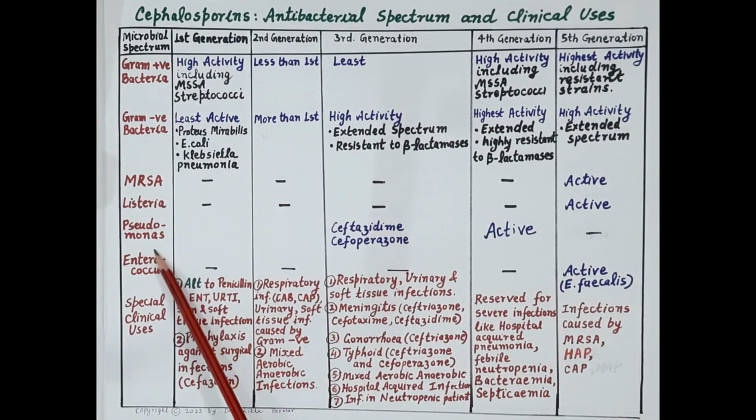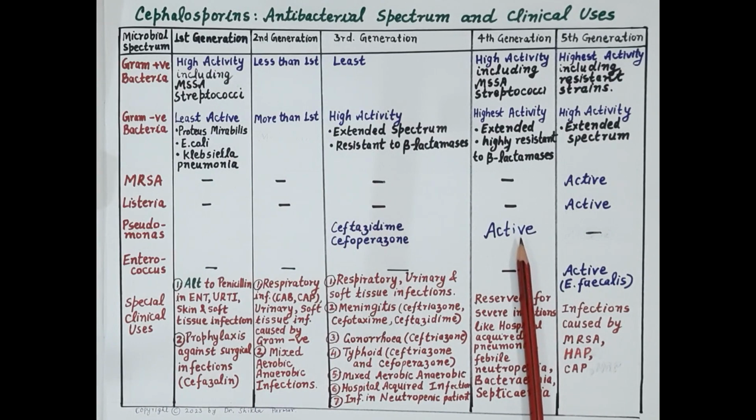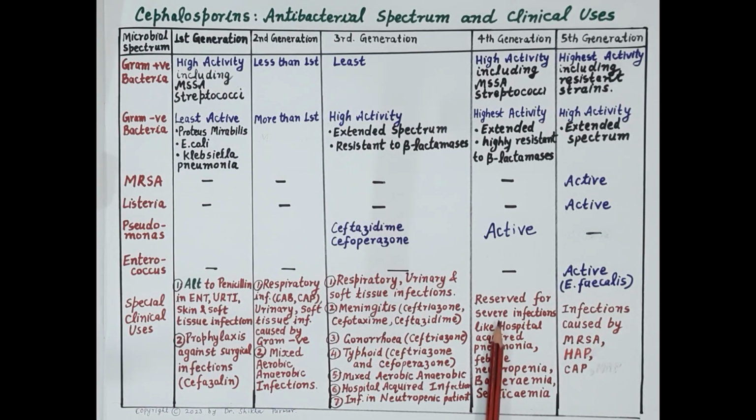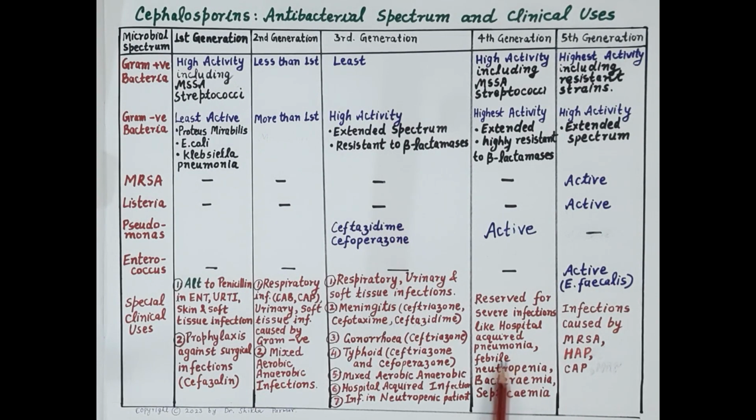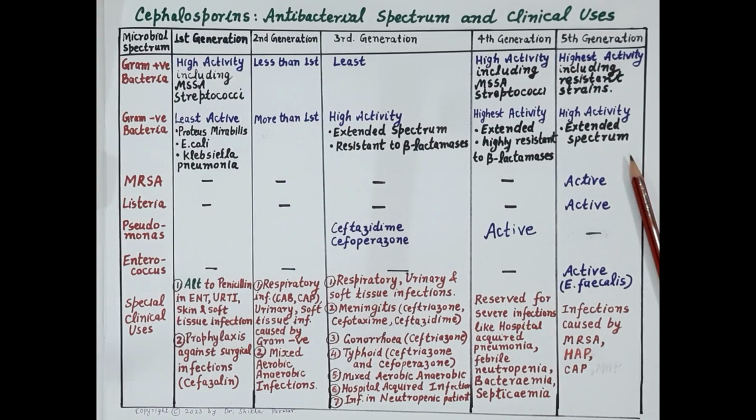In addition to this, it is also active against Pseudomonas. So this drug, that is cefepime, is reserved for serious and resistant infections like hospital-acquired pneumonia, febrile neutropenia, bacteremia, septicemia. Now coming to the fifth generation.